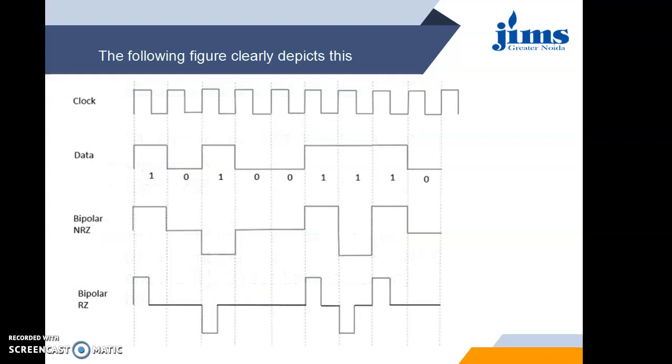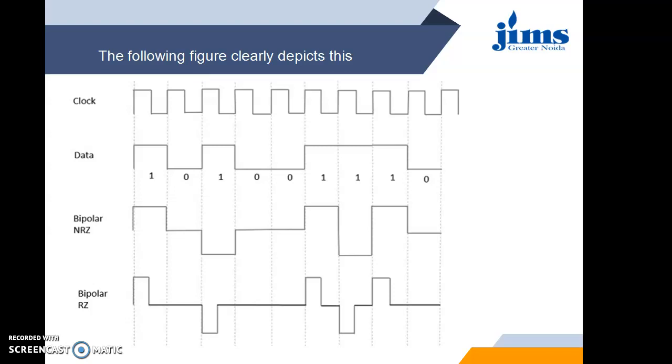Now this is the figure depicting the bipolar NRZ as well as bipolar RZ line codes. We have a clock and data, and in the case of the bipolar NRZ technique, for binary 1 the signal remains positive. For binary 0, it remains 0, and for the next binary 1, it becomes negative. So there is a concept called alternate mark inversion.